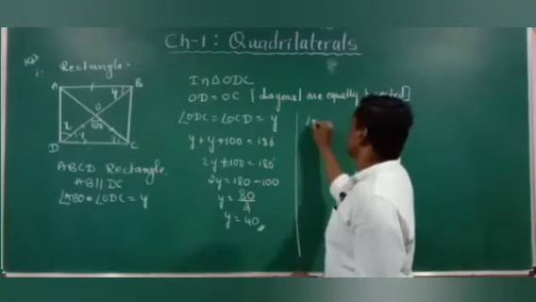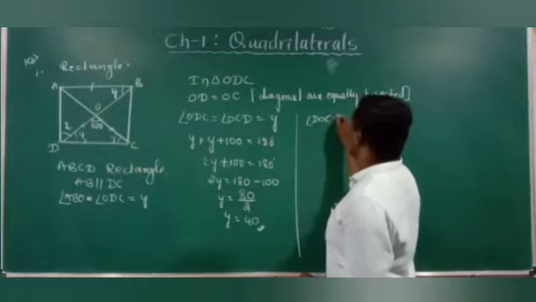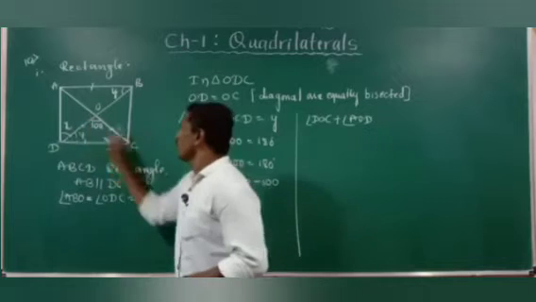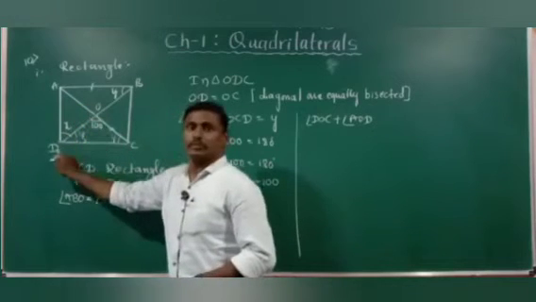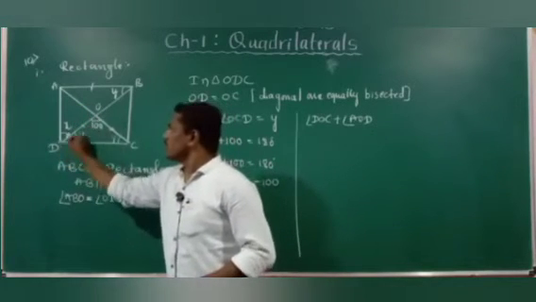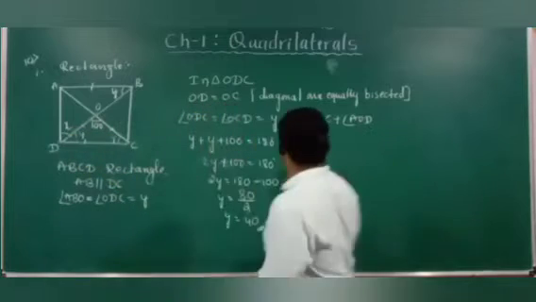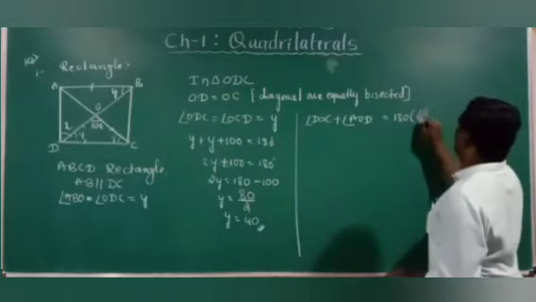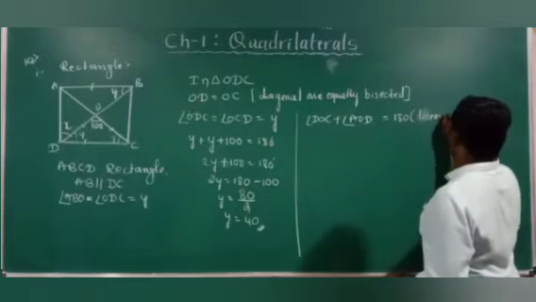So angle DOC plus angle AOD, these two adjacent angles, are equal to 180 degree. Right, here linear pair.